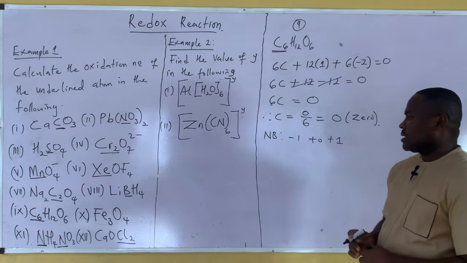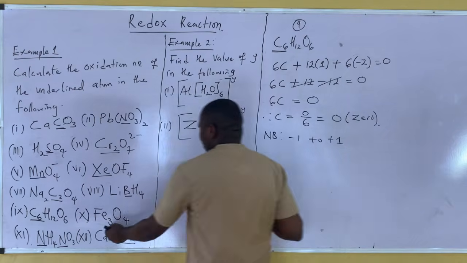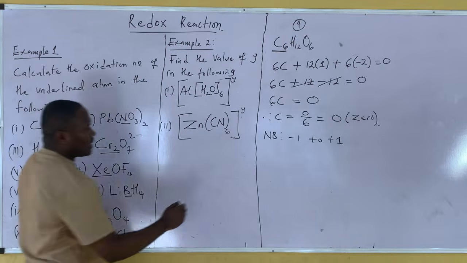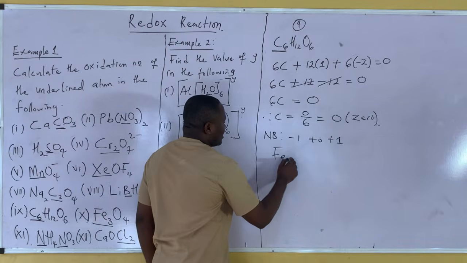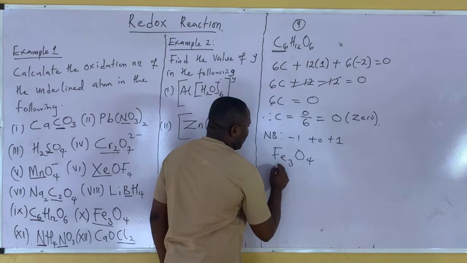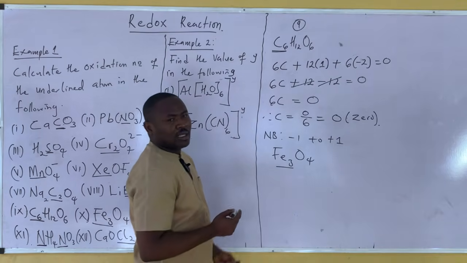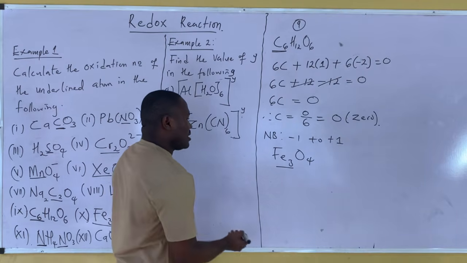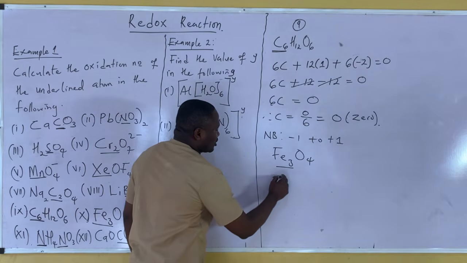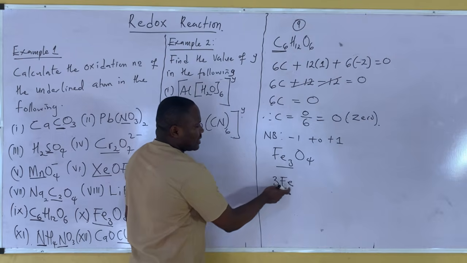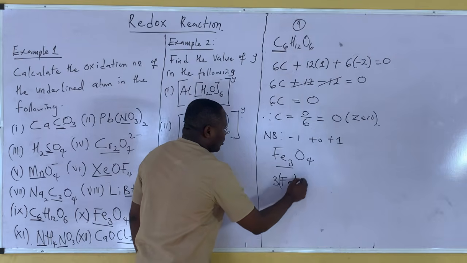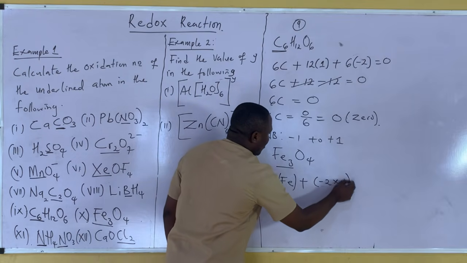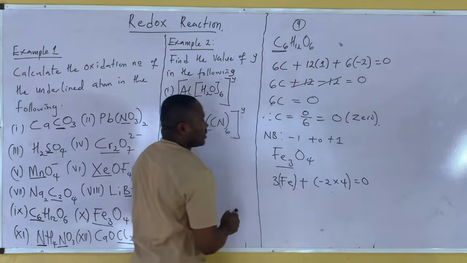Question number 10 is the oxidation number of iron in Fe3O4, and this is underlined. Now, a normal student will just go and say, okay, it becomes oxidation number of iron, that's 3Fe plus oxygen is -2 times 4, everything is equal to 0.